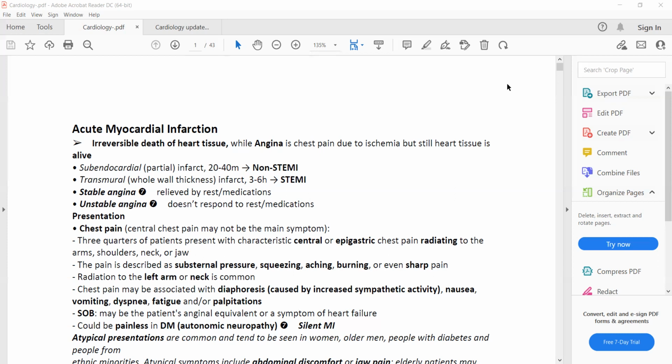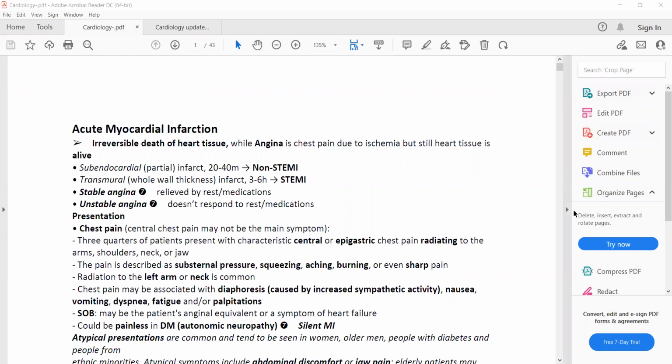And the next step is to send troponin enzymes or cardiac enzymes. And on the basis of the result of the cardiac enzymes, we can decide if it's non-ST elevation MI or unstable angina.